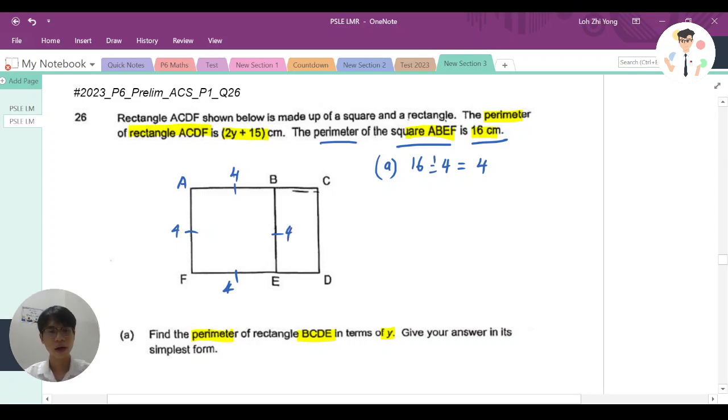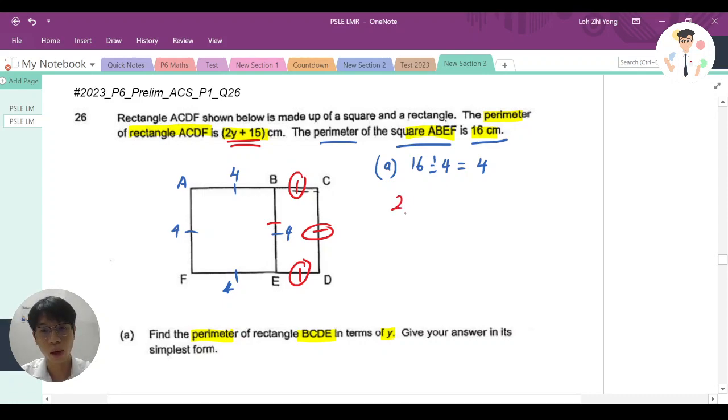Now, I also know the whole thing is 2y plus 15. Let me just use here, 2y plus 15. So in order to find here, here, and here, what I could do is to minus.